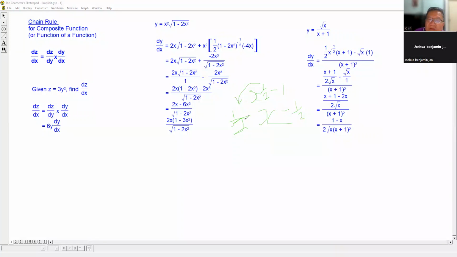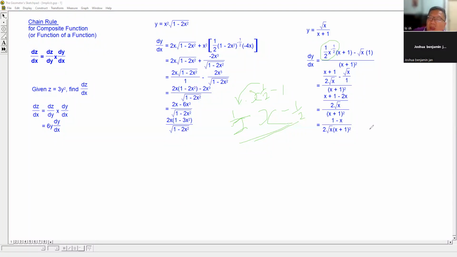So this is half at the front. Half minus 1 is negative 1 over 2. So when you differentiate the term at the top here, you will get this one. Then the term at the bottom, at the denominator, you just copy down.